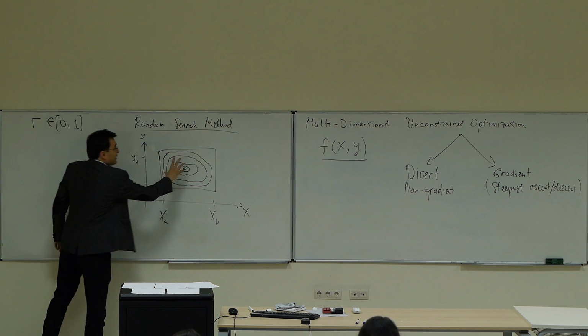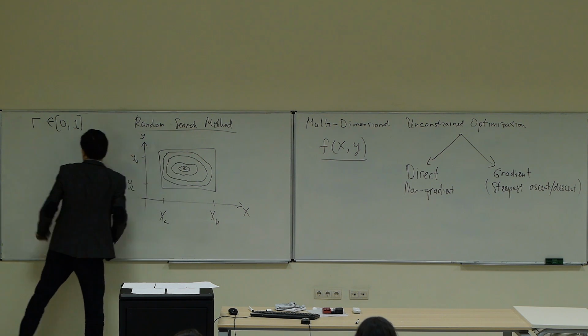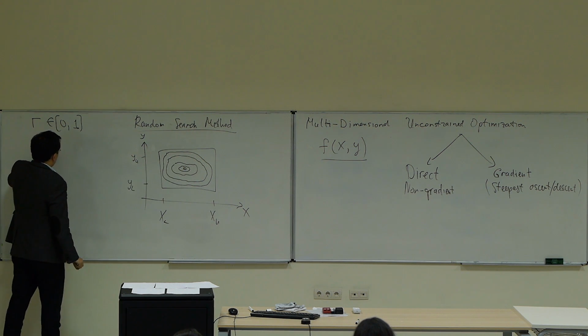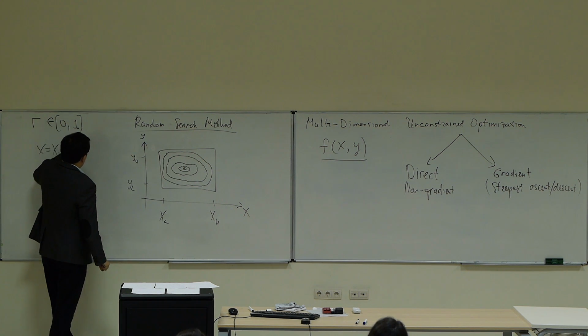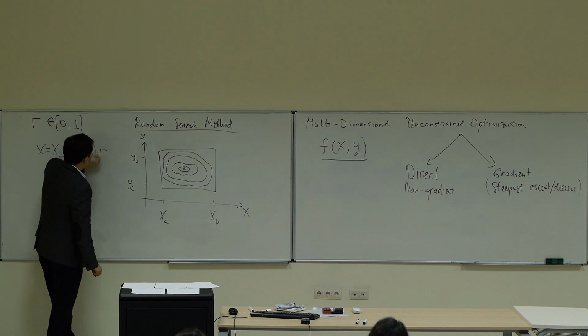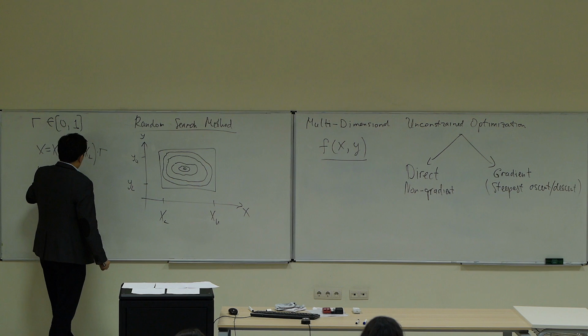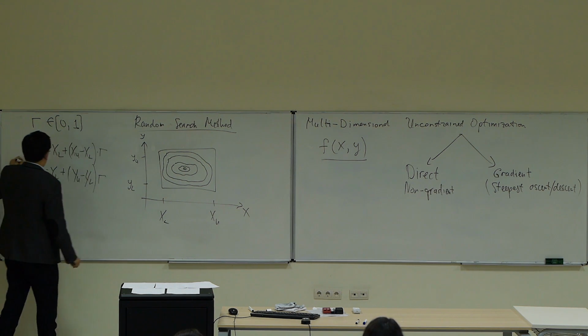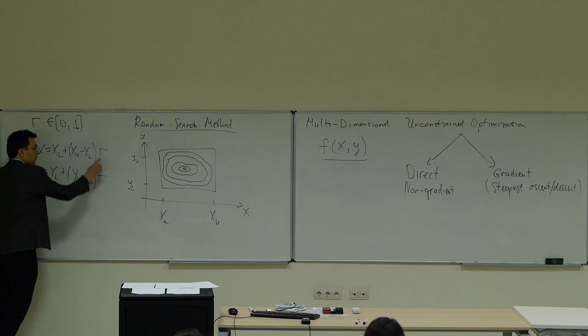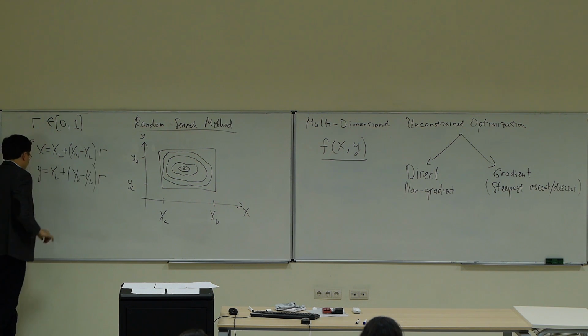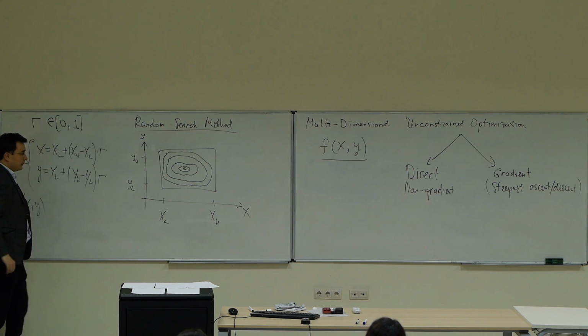In that case, we can pick points here using a very simple formula: x lower plus (x upper minus x lower) multiplied by R. And we can pick y like this: y lower plus (y upper minus y lower) multiplied by R. So we put in random R's and we get random pairs of x and y.